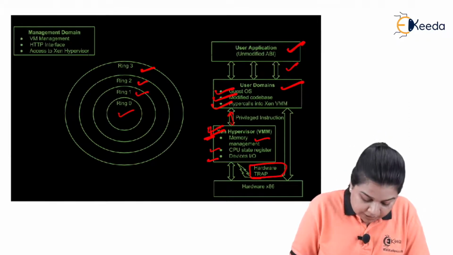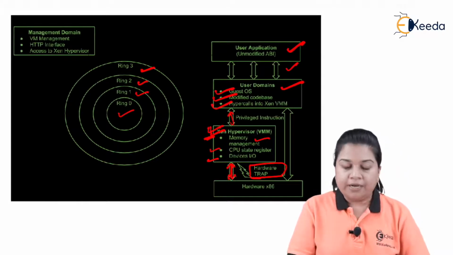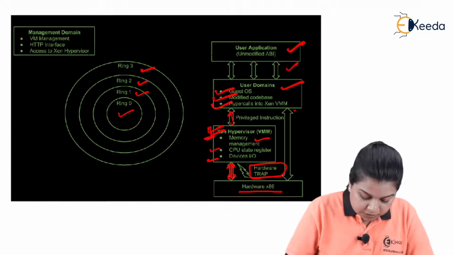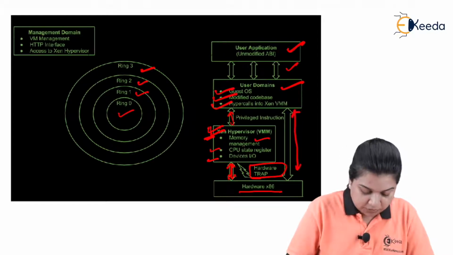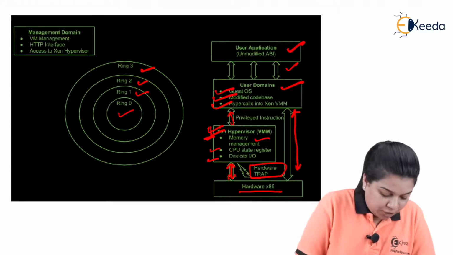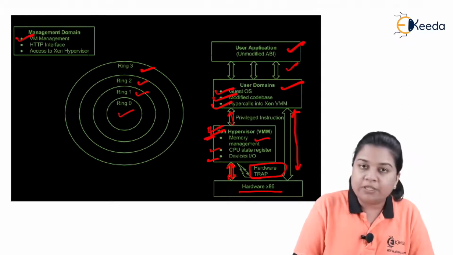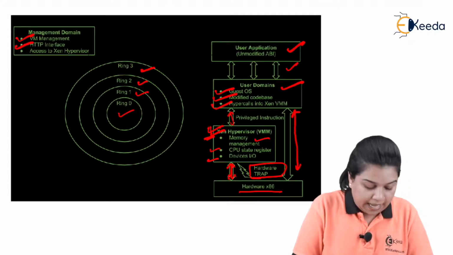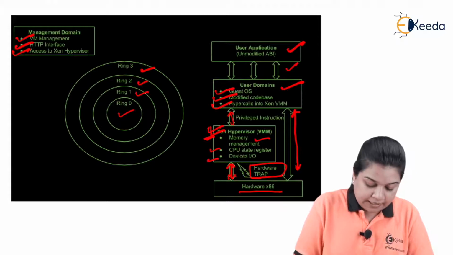Now the instructions from this Xen hypervisor interact with the x86 hardware, and those instructions are connected here also. Again, there is one management domain. Now the management domain has VM management, that is virtual machine management, an HTTP interface, and access to the Xen hypervisor.